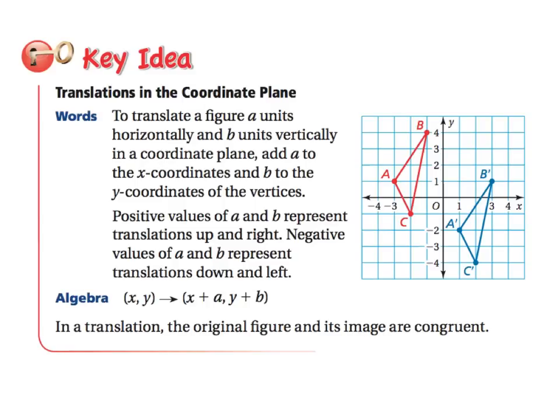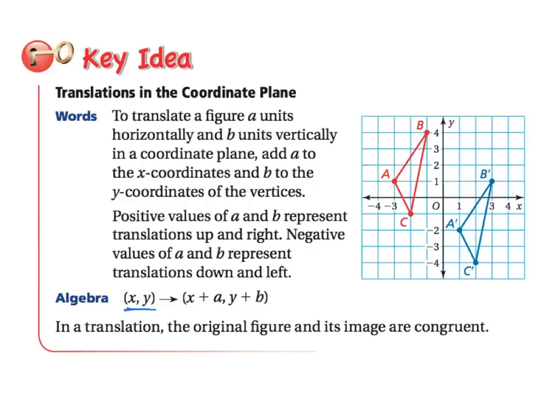Now you need to take good notes on this and take your time at understanding this. This is the algebra behind a translation. To translate a figure A units horizontally, that would mean left to right, and B units vertically, in a coordinate plane, you're going to add A to the X coordinate. So right here's your algebra.